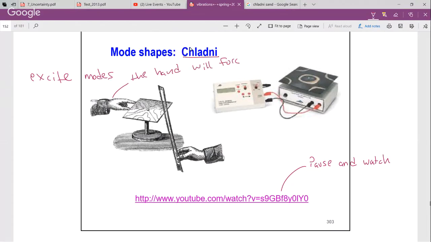You put your finger close to where there's a node, and it forces that note to dominate. You basically sprinkle sand on there, do this, and it collects at the nodal lines. And there's a book with hundreds of pictures of different modes of plates of different geometries.